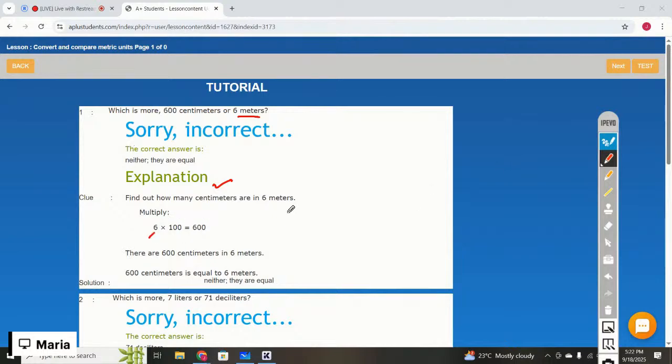Six times 100 is 600 centimeters. So both sides are exactly equal: 600 centimeters and 6 meters are exactly equal.